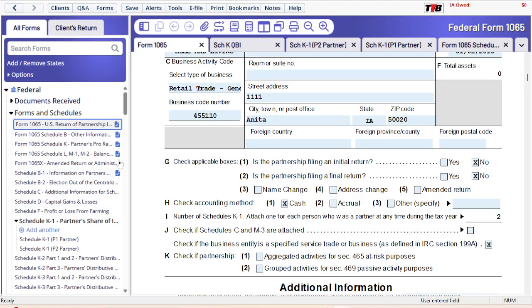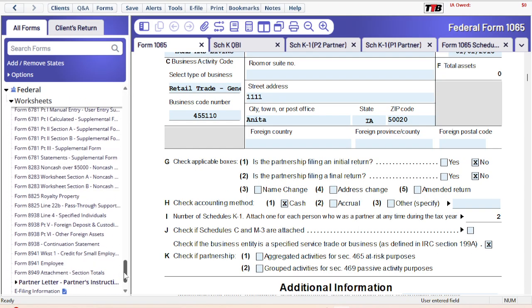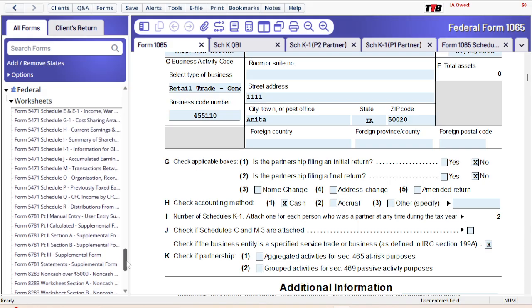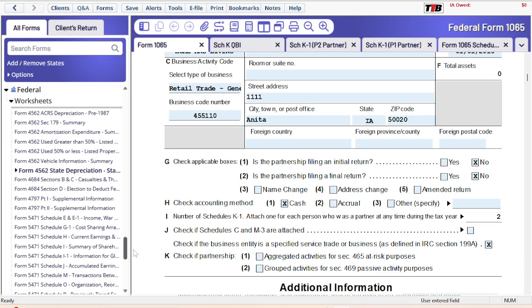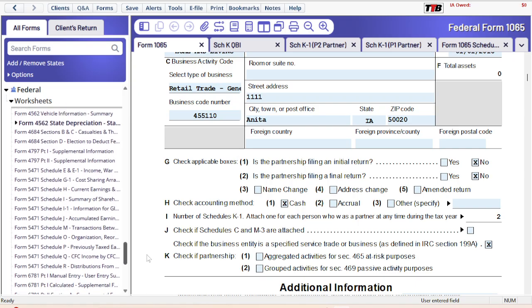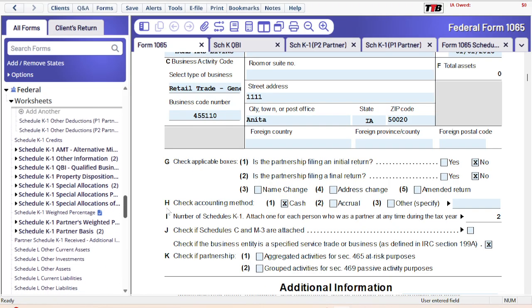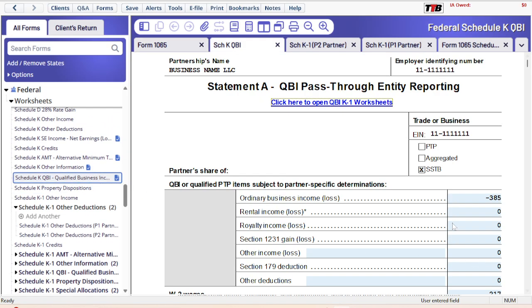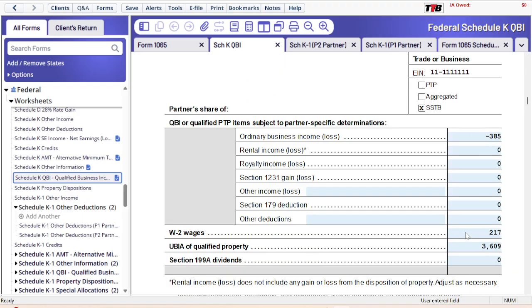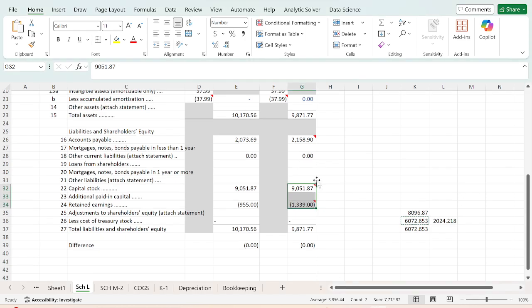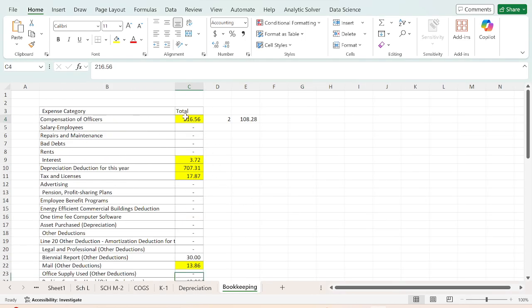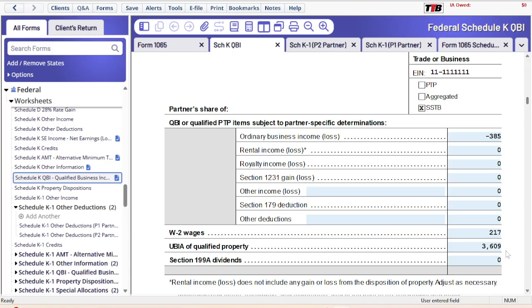So we check these, and so therefore for our QBI, it has a checker for us, and then earnings or loss from 1065, it put it there for us, and the wages, I don't know if you recall, the payroll expense that we put on 1065, it put it there as well, and property that it thinks is qualified, it put it here. It will come from the depreciable assets.